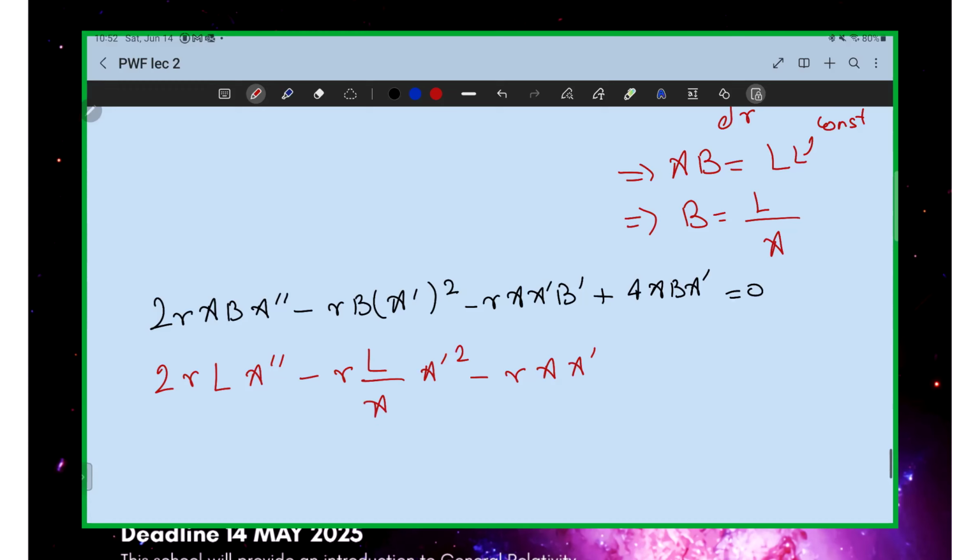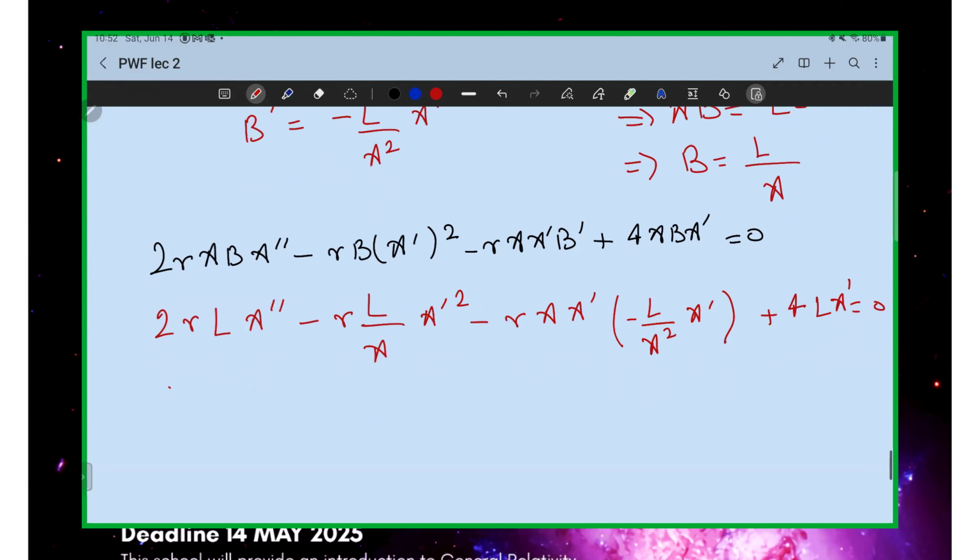Now if B is L over A, B prime is minus L over A squared A prime, right? So it's minus L over A squared A prime plus 4 times AB. Now AB is L, equal to 0.